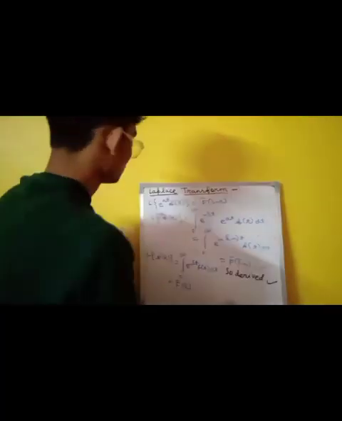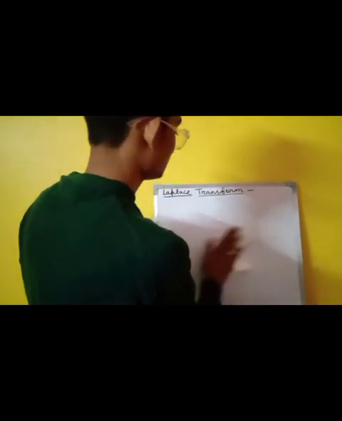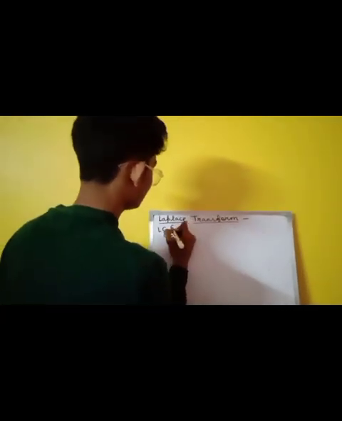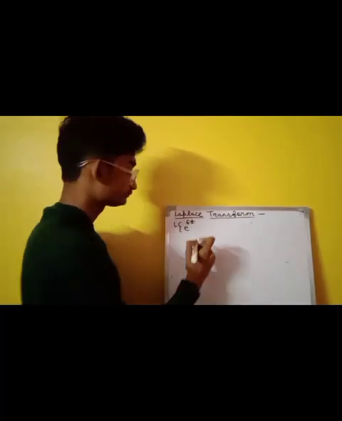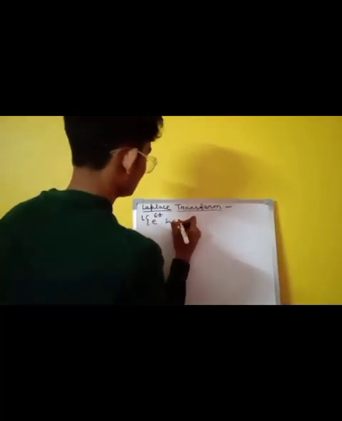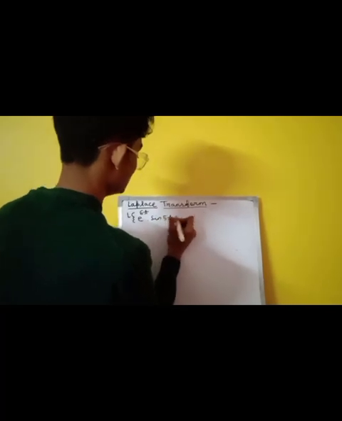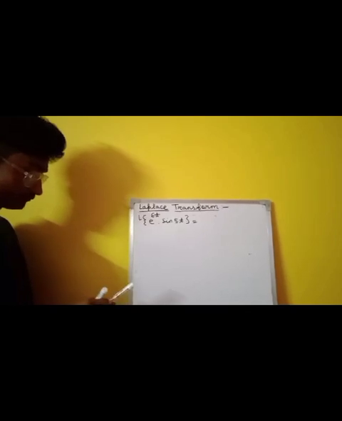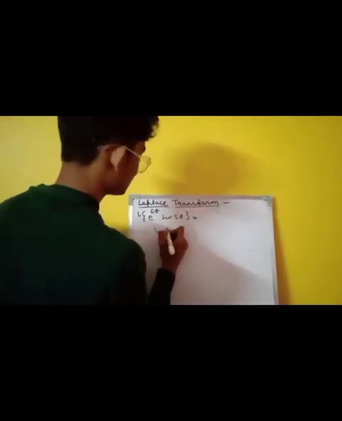I have shown you one example of this first shifting property. Now let's take another: Laplace of e raised to power 6t into sine 5t. What was Laplace of sine 5t?